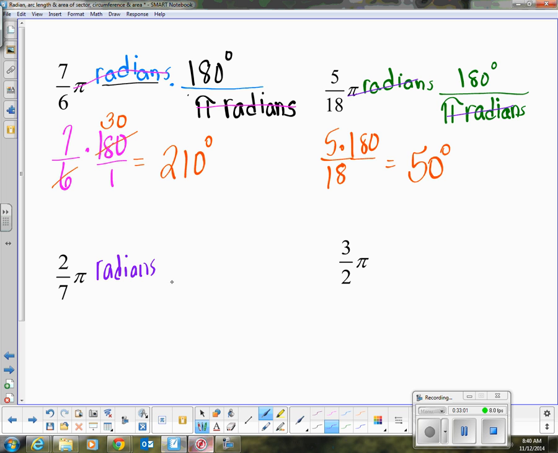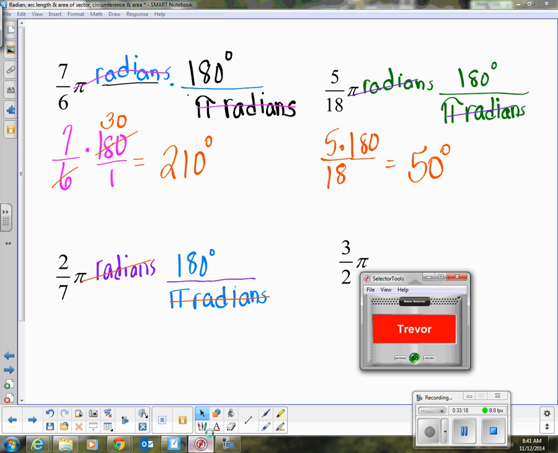All right. So then you got to multiply by 180 over pi. And why did you choose this? Why didn't you do pi over 180? Excellent. Pi radians is gone with pi radians.